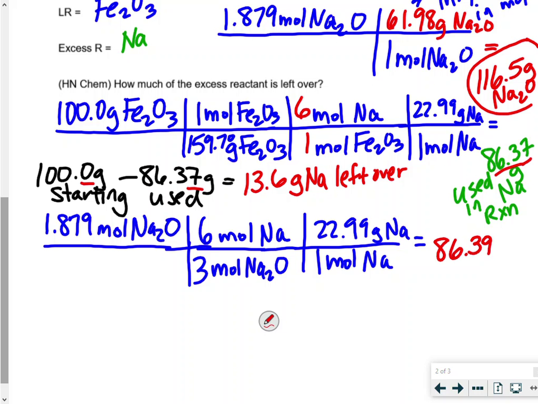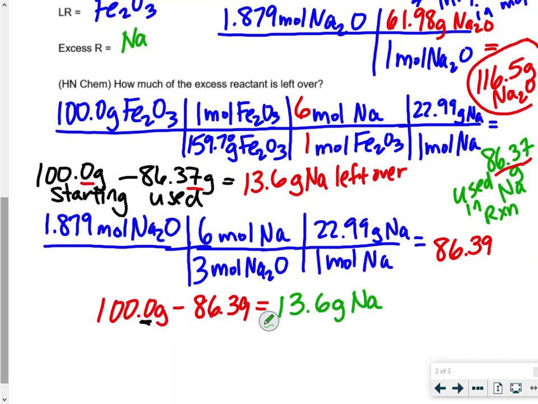Let's still do the subtraction. Let's take the 100 grams, subtract the 86.39. Once again, still rounding to our tenths here because of significant figure rules. And you still end up with 13.6 grams sodium.